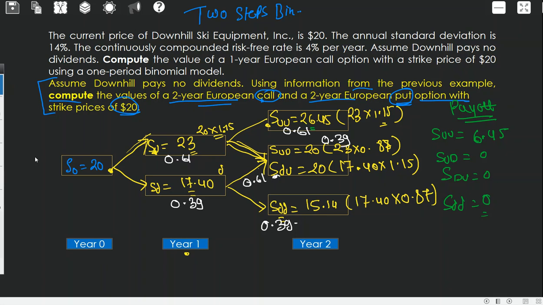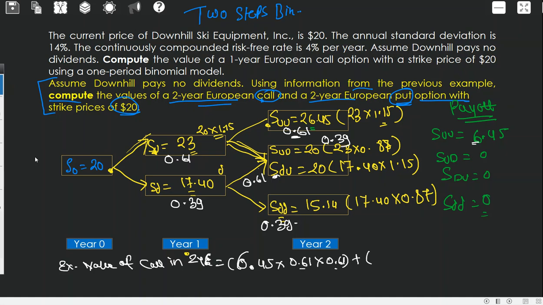Now how do we calculate the expected value of the call in 2 years? The calculation will be: my payoff SUU, 6.45, into the probability along the route. First is an up move, so probability 0.61, then again an up move, so 0.61 again, because there are two ups.